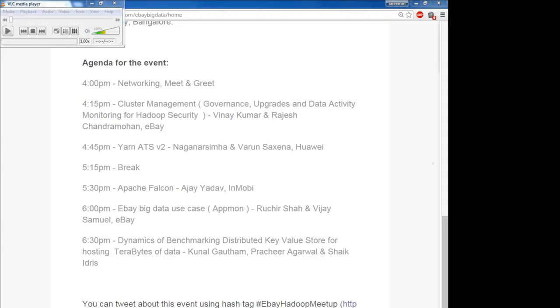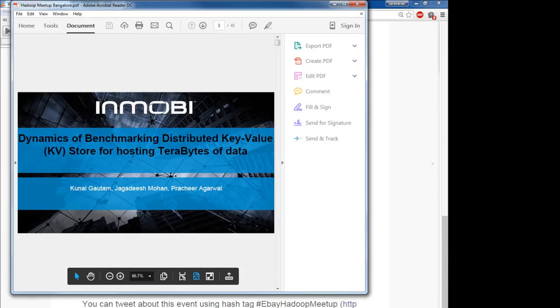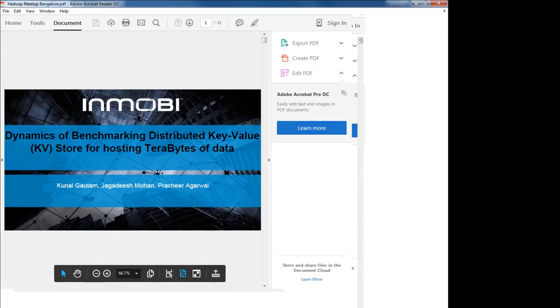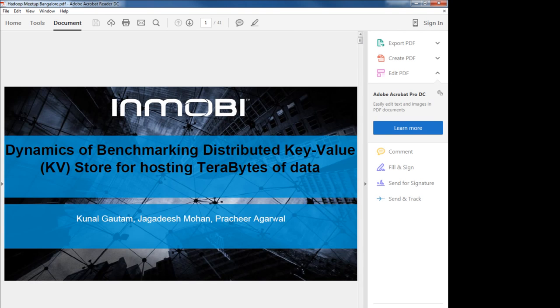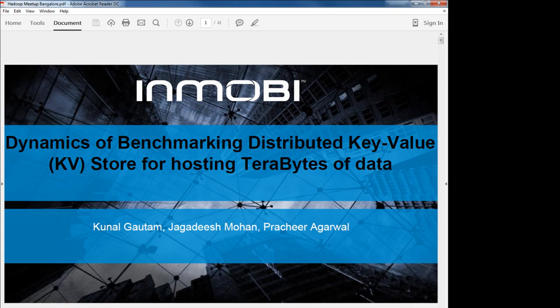Which one? It's a PDF, I guess. Oh, PDF. Hadoop meetup Bangalore PDF. Oh, okay. This one. What screen? Screen.